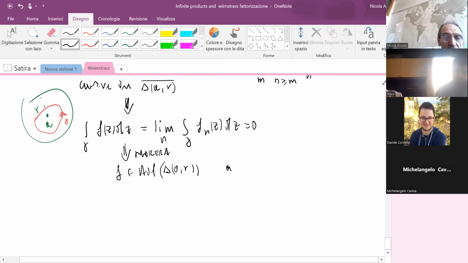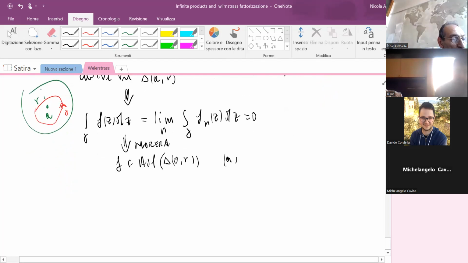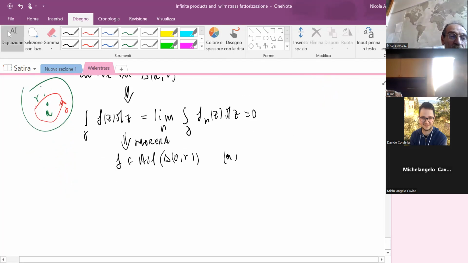So that's part A. And for part B, consider f prime of z minus fn prime of z.